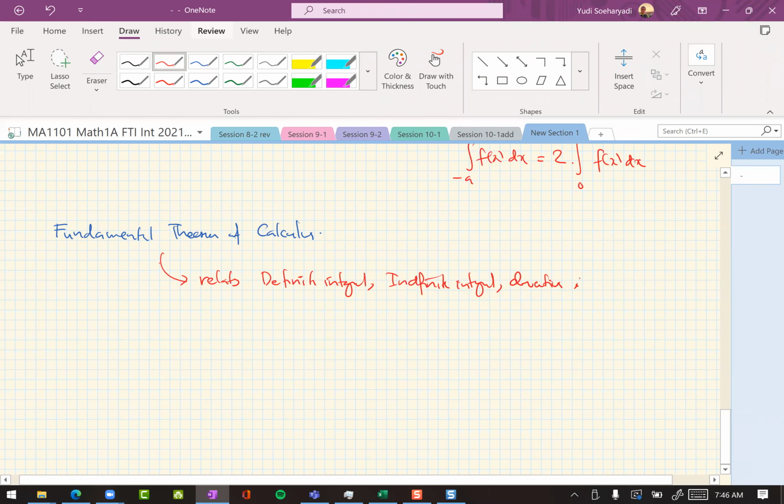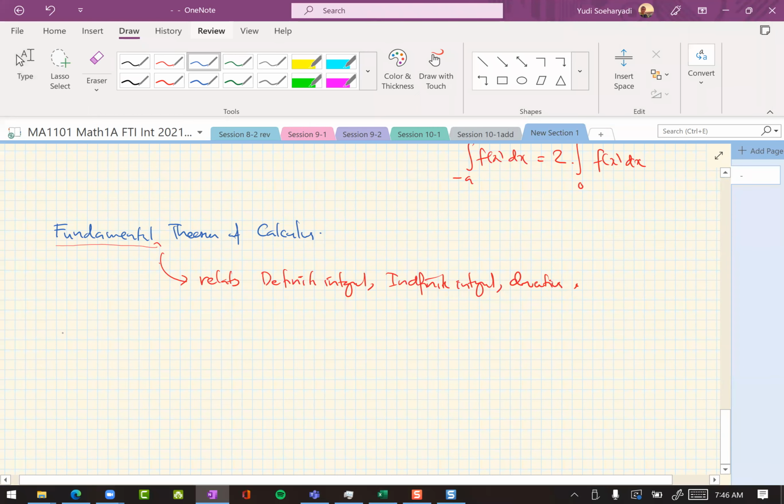Because calculus is both integrals and derivatives, this is called fundamental, the key thing about calculus. All right, let's see this one. So that's the fundamental theorem of calculus.